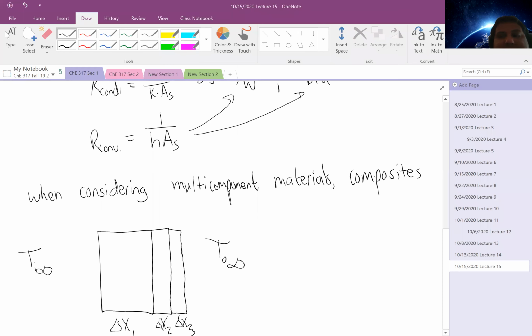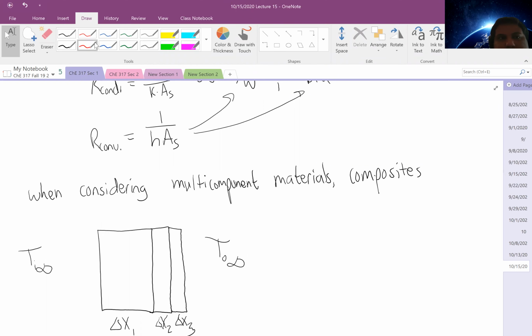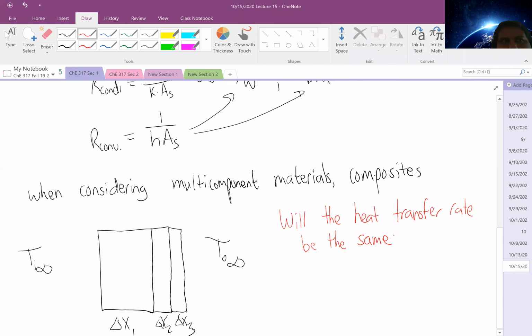So my question then becomes, will the heat transfer rate be the same between each layer?